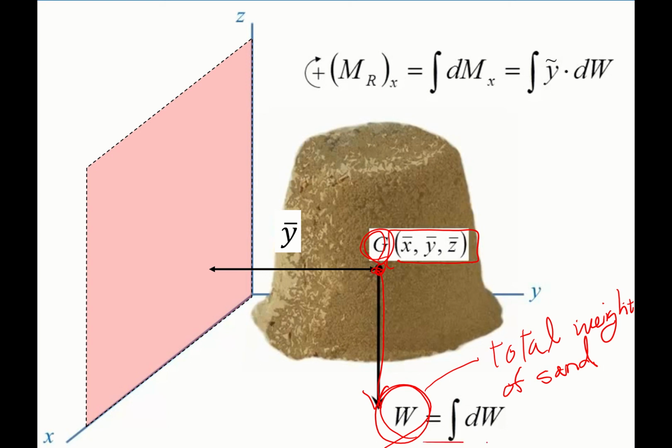So the total weight is the integral of the differential weight. Now, the resultant moment about the x-axis is equal to the integral of the differential moment about the x-axis.